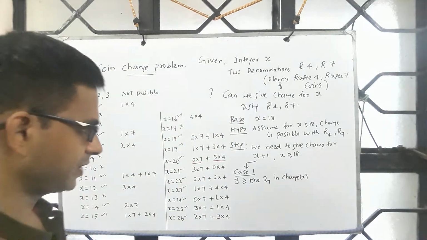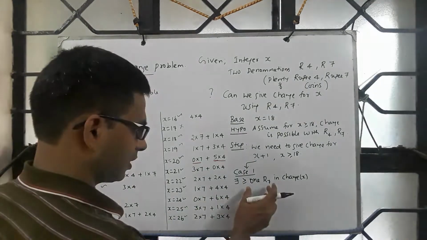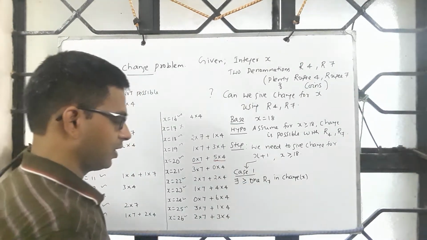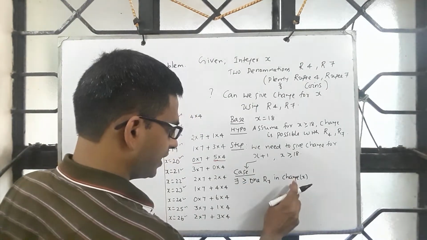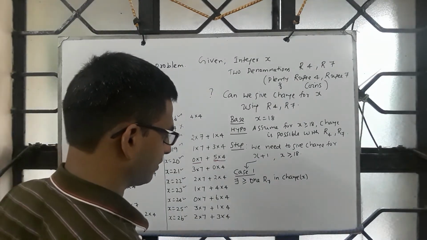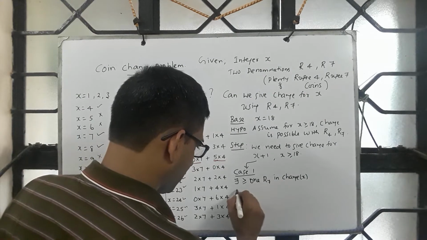When I say change of x, when we give change for x, we add at least 1 rupee 7. Okay. If you look at the change of x, you find at least 1 7. Fine.